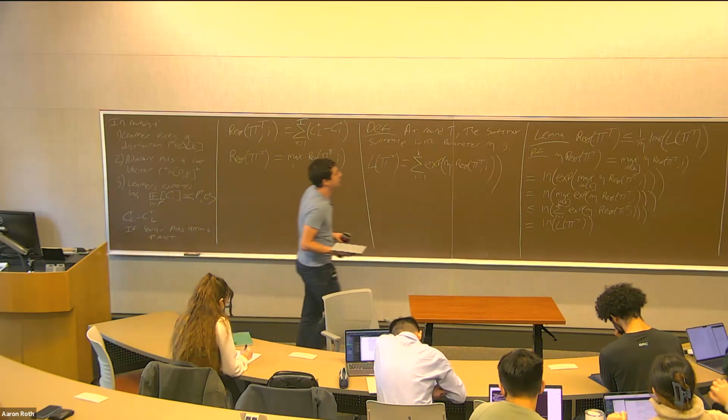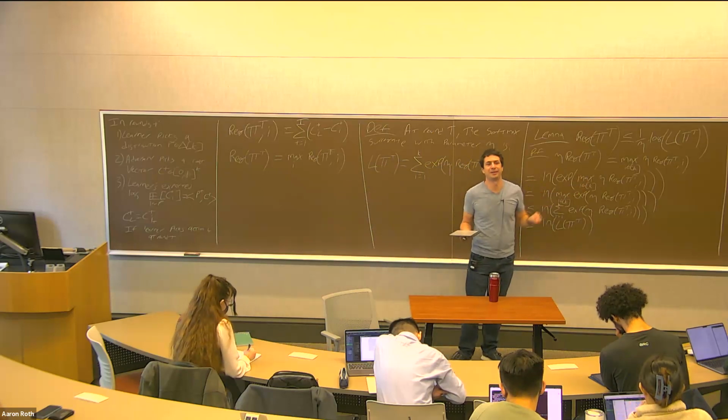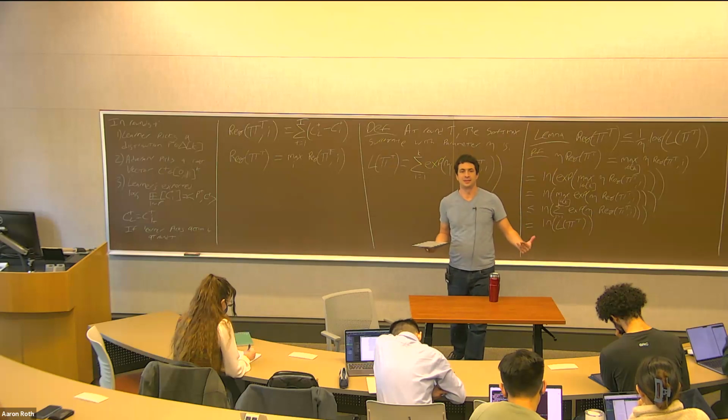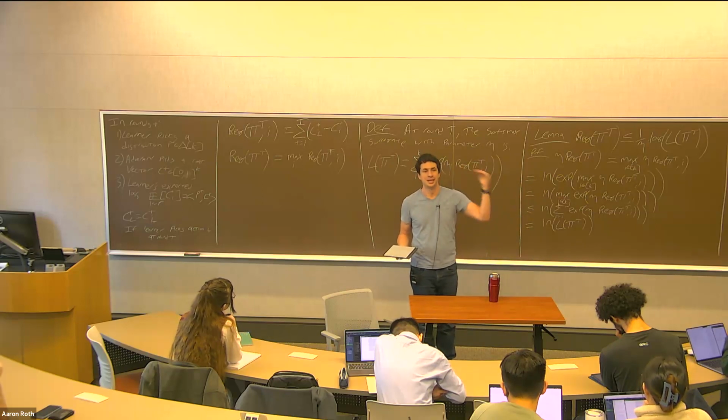Really what's happening is that this log sum of exponentials is upper bounding a max in a nice continuous differentiable way. That's a very general thing, not specific to regret. Log sum of exponentials upper bounds max.